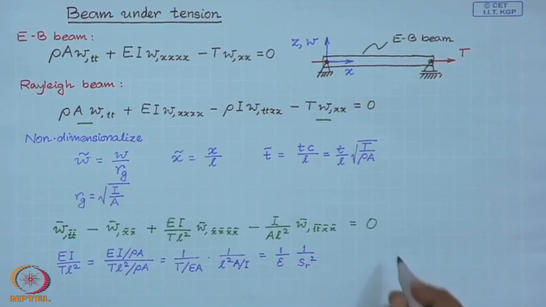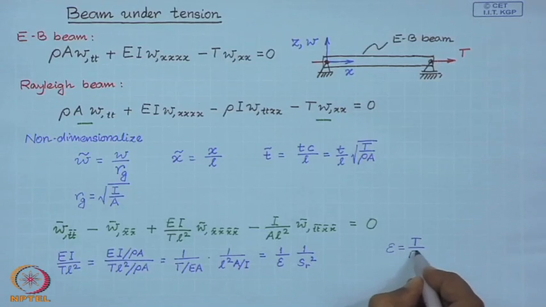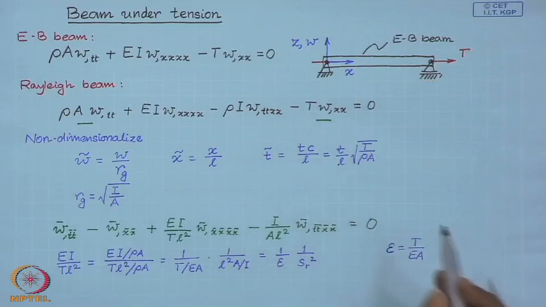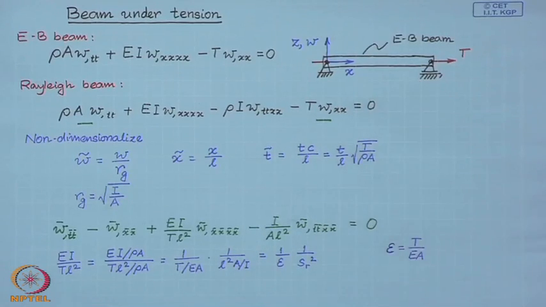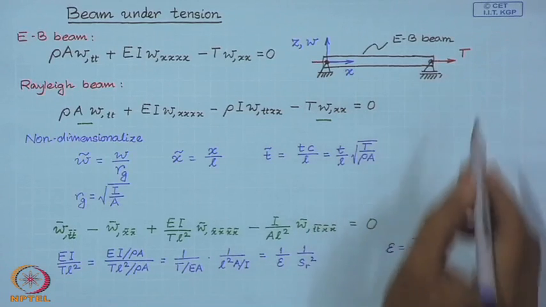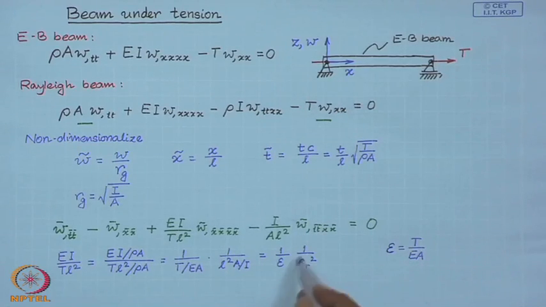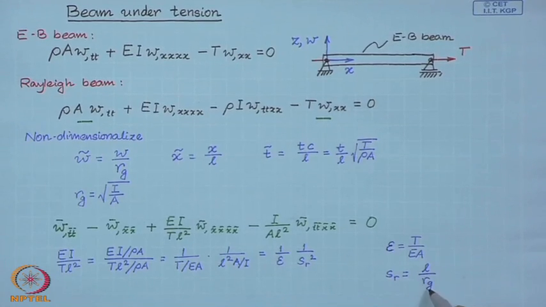where epsilon is obviously the axial strain in the beam, T divided by E A. That is going to give us the strain because of this tensile loading, and S R is defined as the length over the radius of gyration.